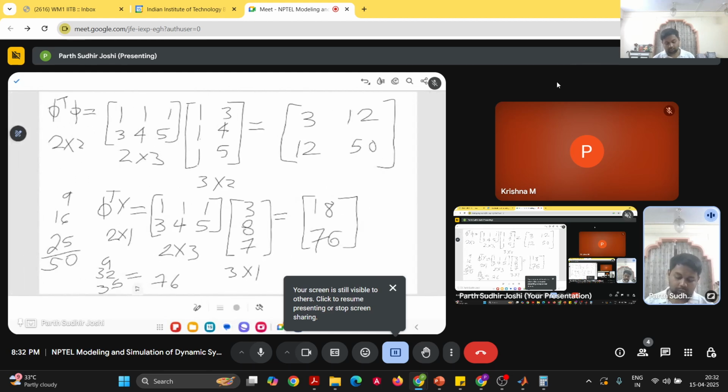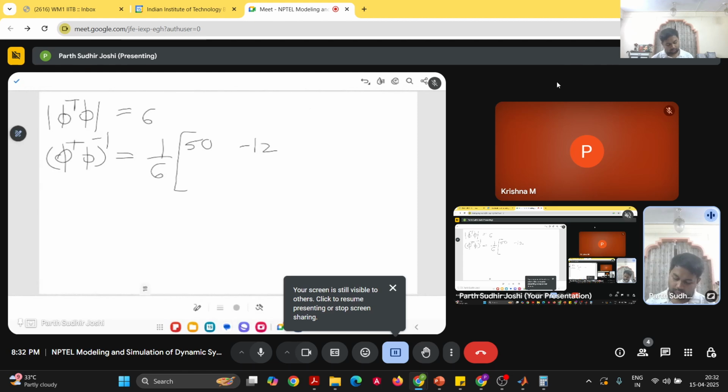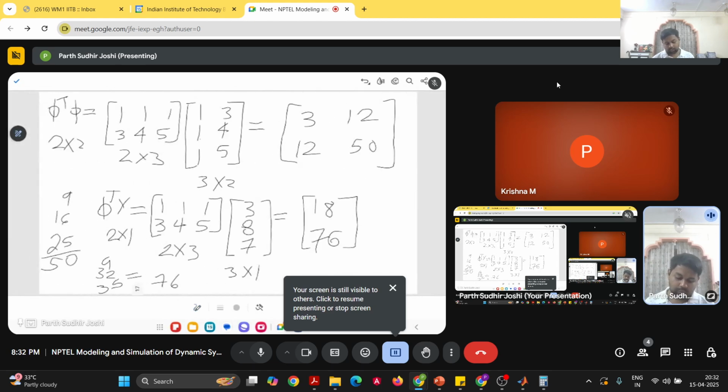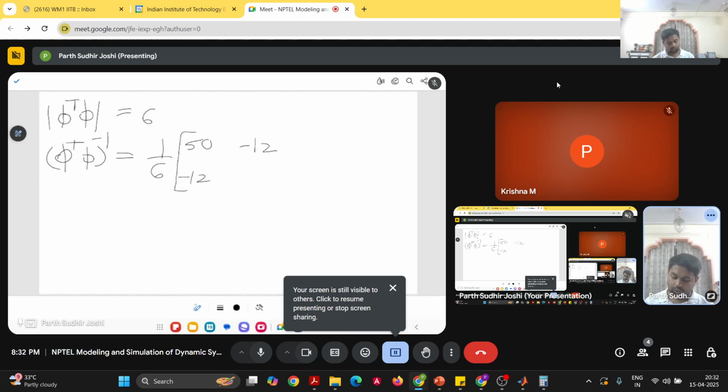The cofactor for the third element 12 will again be minus 12, and for the fourth element, 2 cross 2 position, it will be 3. So this is the adjoint of A.